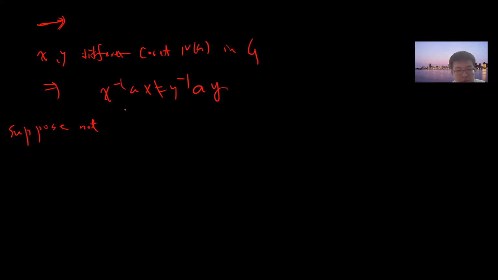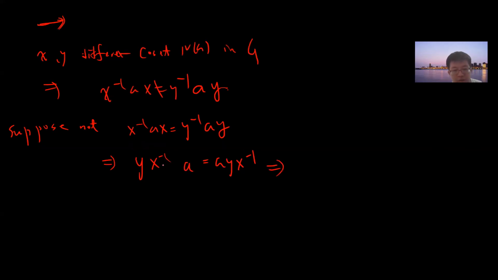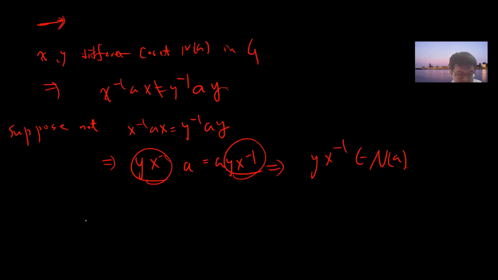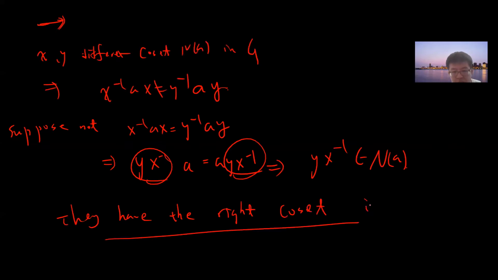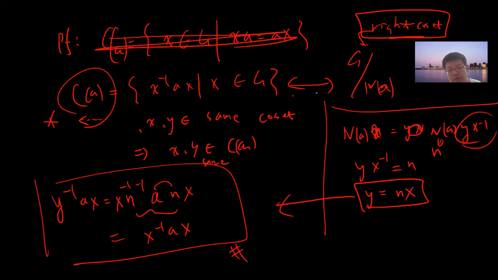Then we have X inverse A X equals Y inverse A Y. From this, multiplying by Y from the left, I get Y X inverse A equals A Y X inverse, which tells you that Y X inverse belongs to N of A. That means they have the same right coset. So we have proved that if they are different cosets, then the elements must be different. So we get the map.